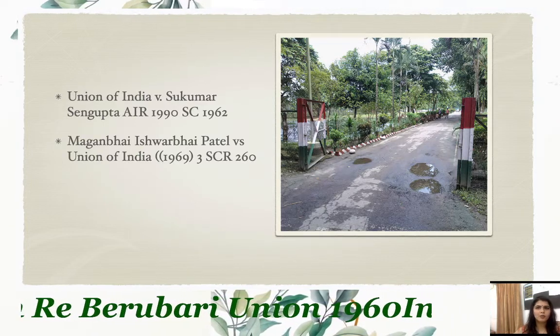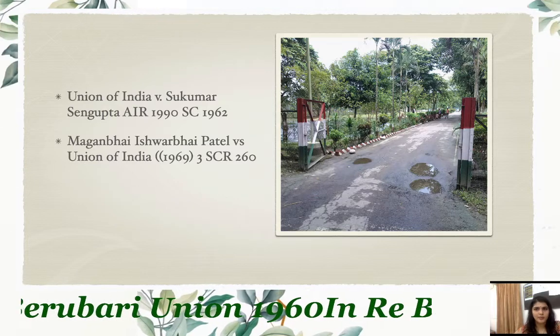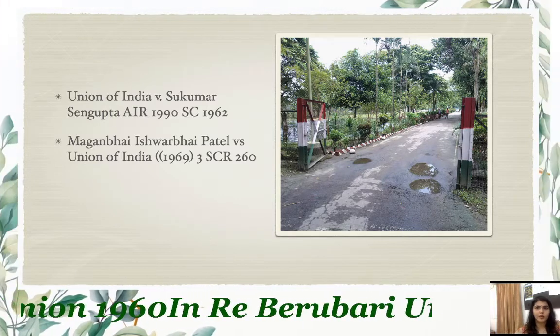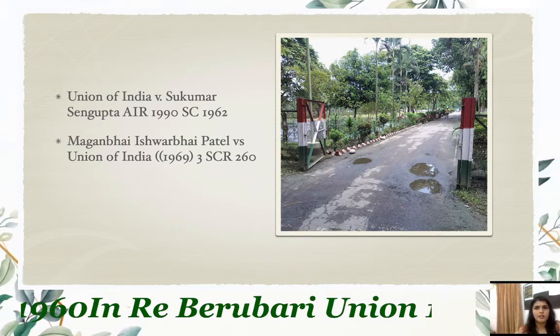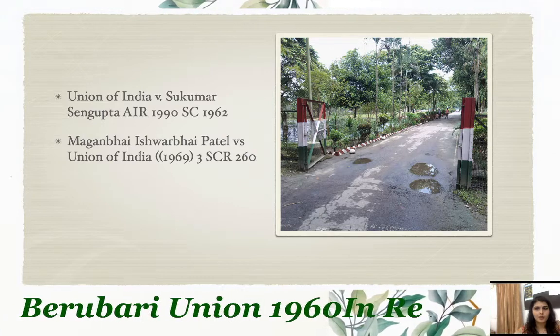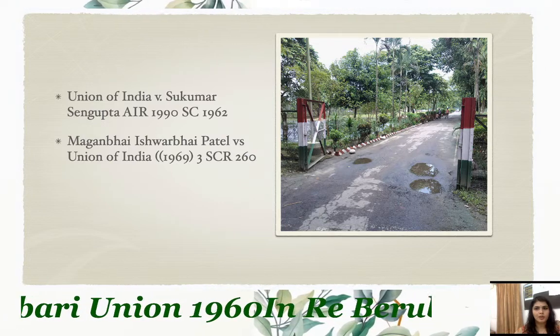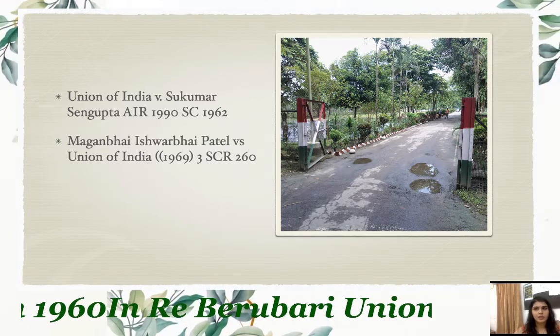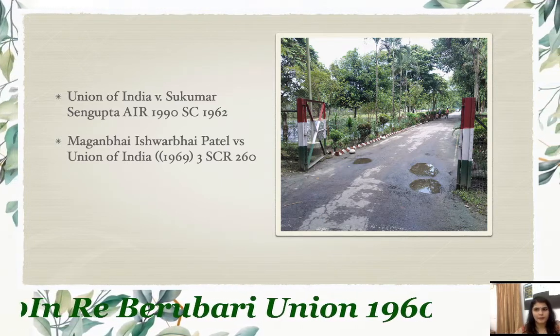Now you will be confused, how would it not be cession of territory? Sometimes the states themselves know that they cannot de jure exercise sovereignty over a certain area, and when those areas are resolved through a tribunal or arbitral award, then it does not amount to cession of territory, as was the case in Magan Bhai Ishwar Bhai Patel.